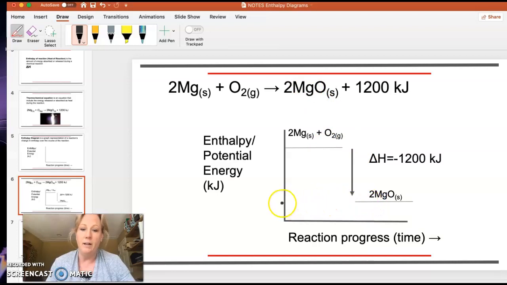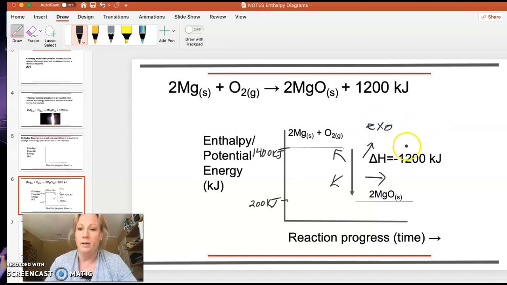Notice I don't have any numbers on the side. I mean, I could have some numbers. I could say that this is 200 kilojoules and maybe this is 1400 kilojoules, because the difference, as magnesium and oxygen become magnesium oxide, there's a lowering of energy. So all of that energy is being given off to the surroundings, which is what we know happens for exothermic.